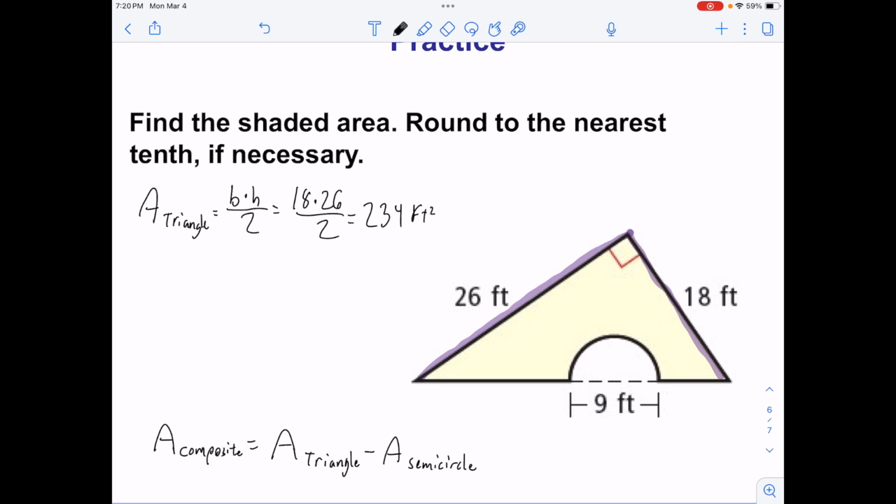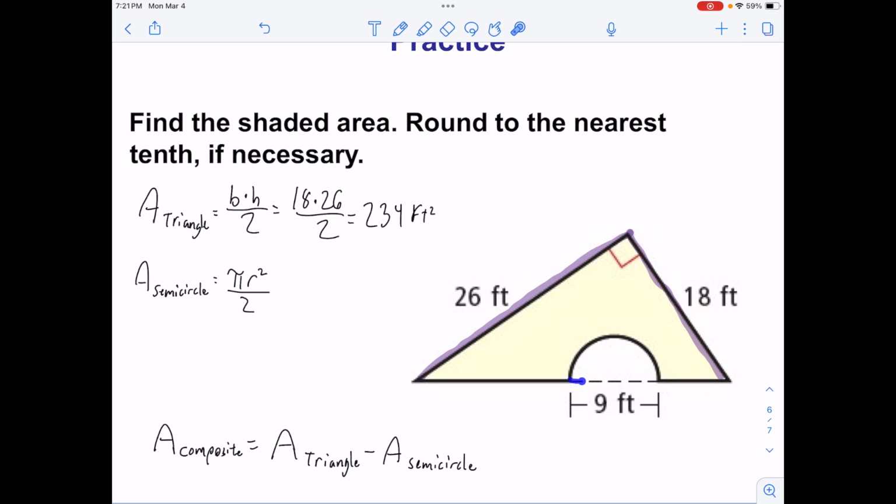That's the area of the triangle. Now I've got to find the area of the semicircle. Again, it's a circle, pi r squared, cut in half, divided by 2. So we need the radius.